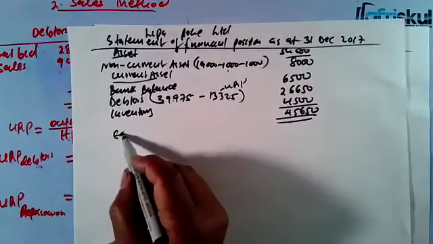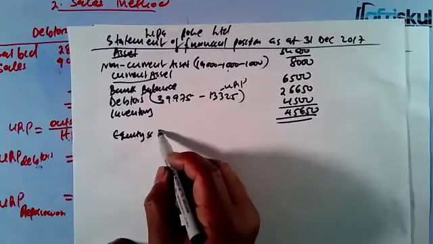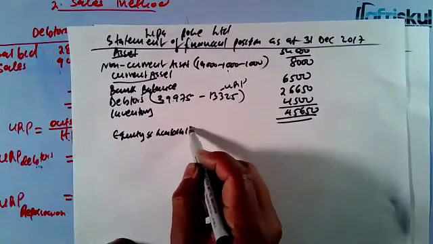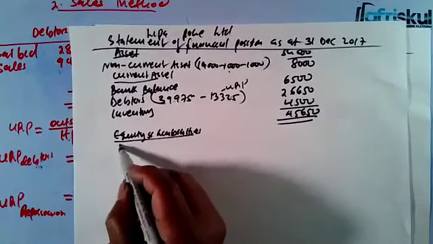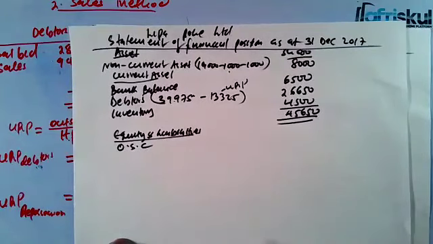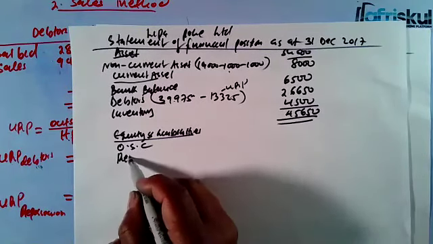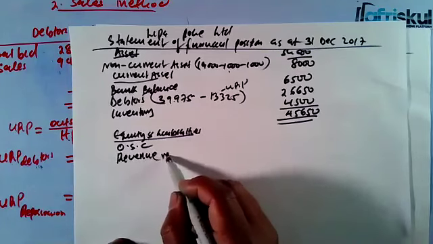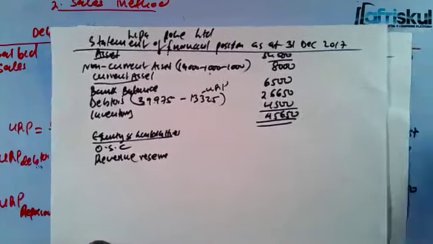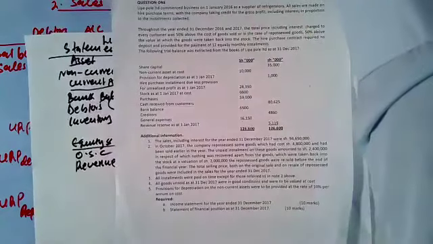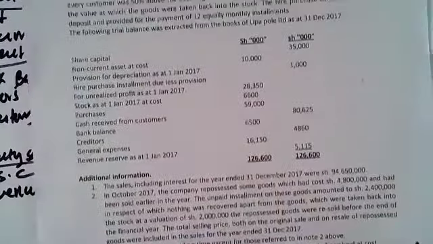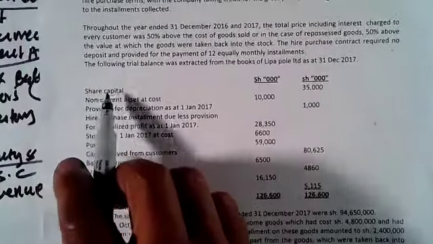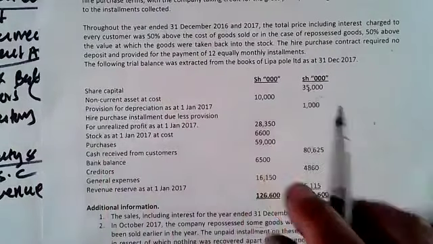Now let's go to the equity and liabilities. For the equity and liability, we have the ordinary share capital and also the revenue reserve. We said revenue reserve is the same as retained earnings. The share capital was 5,000.